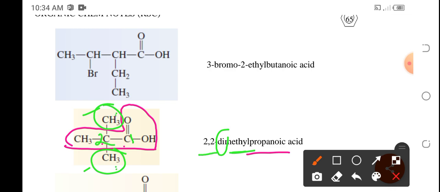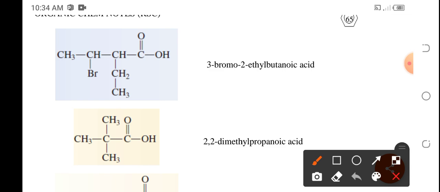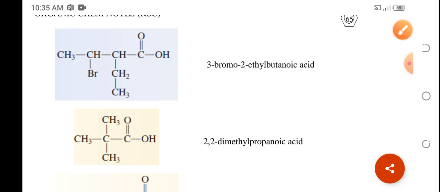They are both on carbon number 2, so we use 2,2-dimethyl propanoic acid. Still, commas are used to separate a number from a number, and dashes are used to separate a number from a word. There should be no space between the last substituent name and the name of the parent chain. However, there should be a space between the entire name and the word acid.